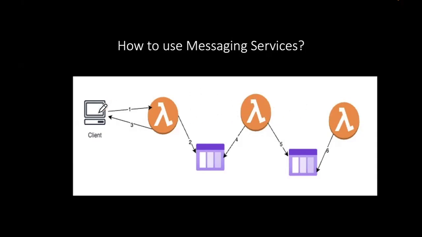Now the flow is: the client contacts this Lambda, uploads a video. The Lambda stores the video in the S3 bucket. It writes a message to the queue, and then it responds back. Note the numbering now. It can respond back saying, I've got your video and we've saved it.